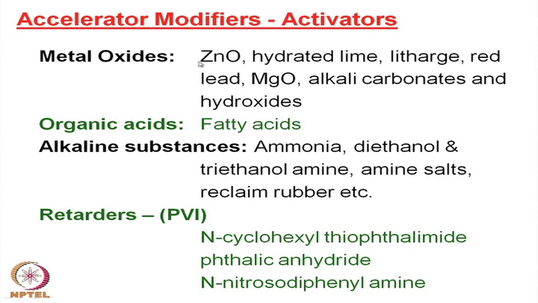Among inorganic oxides, zinc oxide is the most common in all rubber industries, in all rubber products. Say in tire products, zinc oxide is a common ingredient as a metal oxide activator, or in some cases hydrated lime, litharge, red lead, magnesium oxide, or alkali carbonates can be used, and some metal hydroxides can also be used.